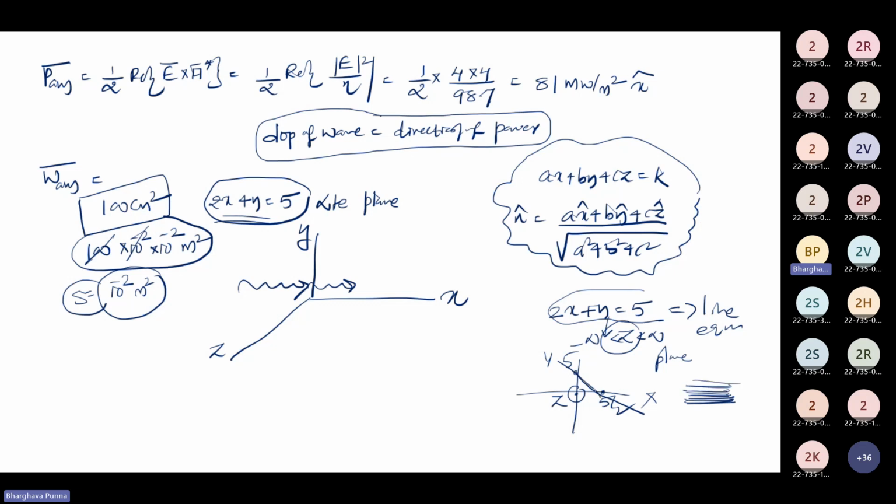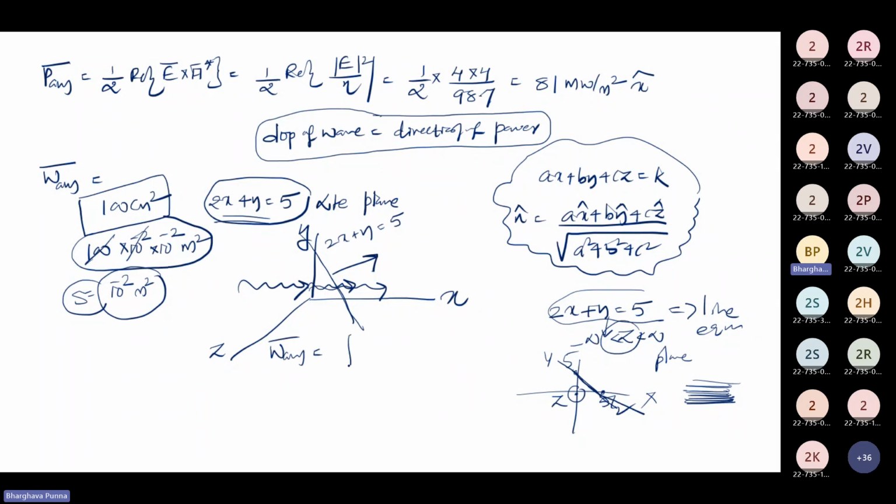So this is the plane, not a surface now. That plane will be available like this. That is 2x plus y is equal to 5. So the plane direction is this one, but the wave direction is this one. So both are not the same. So carefully we have to calculate our average power.